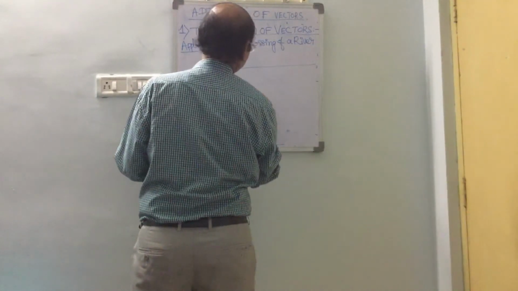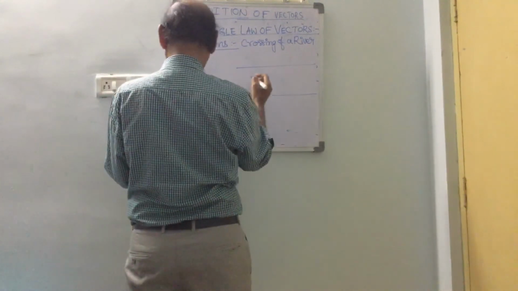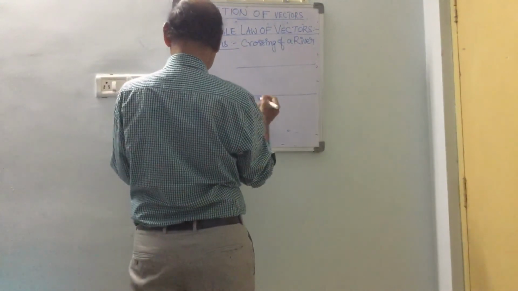Consider a river flowing in this direction with velocity v bar.